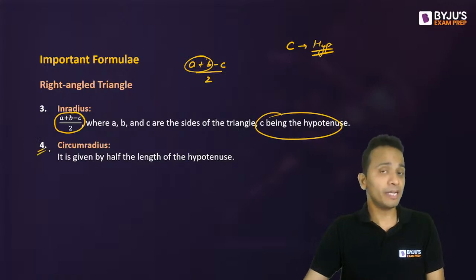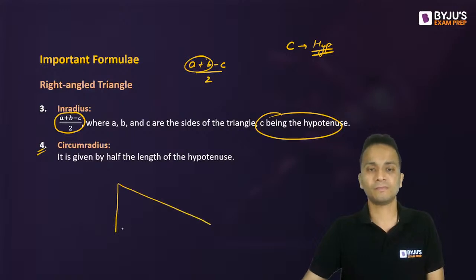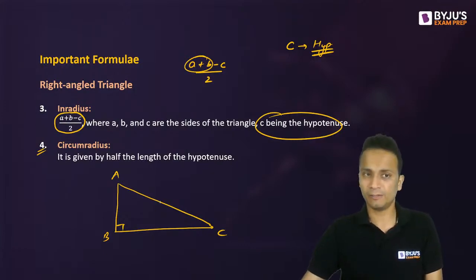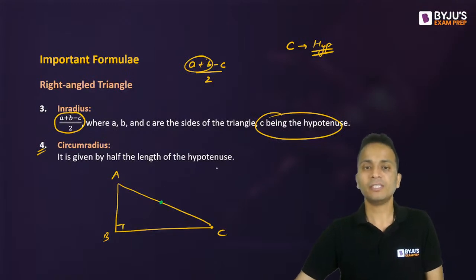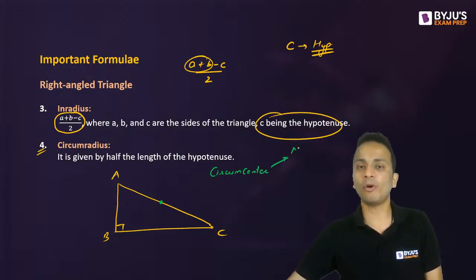Next thing is the circumradius, a very, very important rule. So I'll draw a right angled triangle, ABC, right angled at B. Now in a right angled triangle, first of all, I'm talking about the circumcenter. The circumcenter is always the midpoint of the hypotenuse.